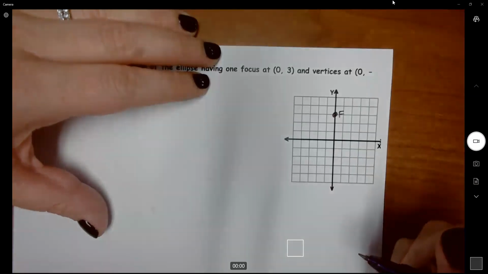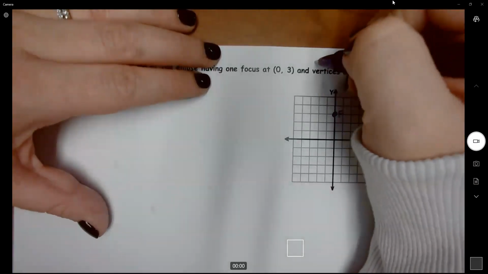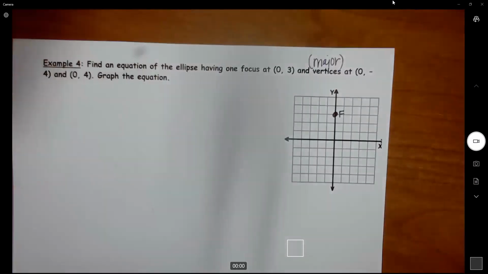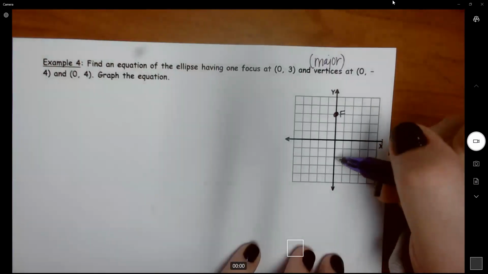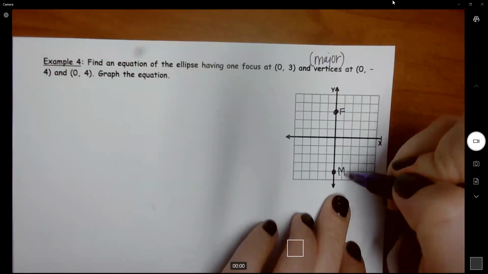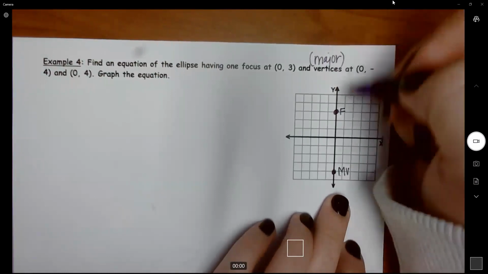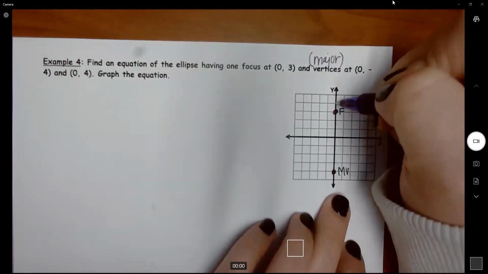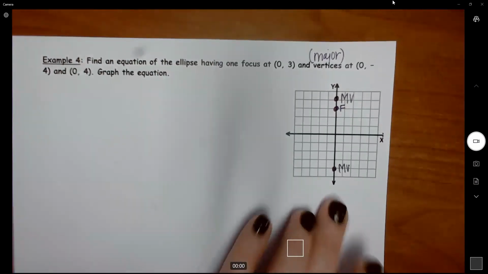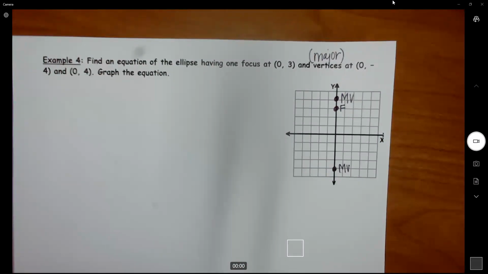Okay, that's a focus. And remember, when they say vertices, they're referring to the major. So 0, -4 is a major vertice, and 0, 4 is my other major vertice. So graph the equation.